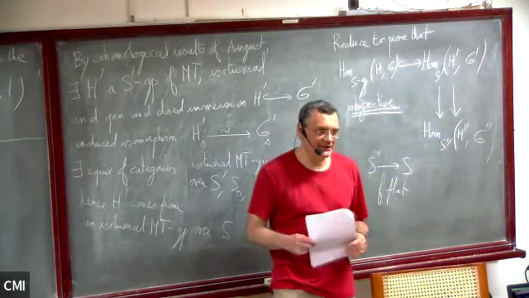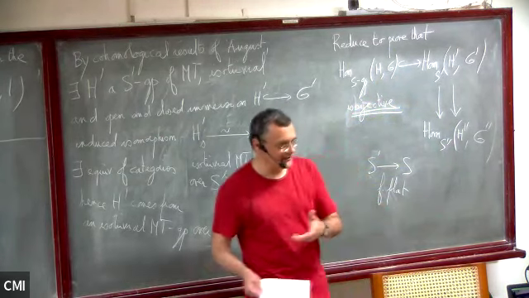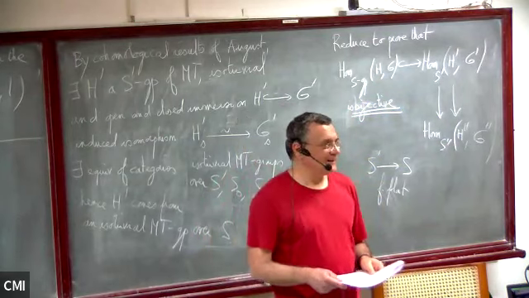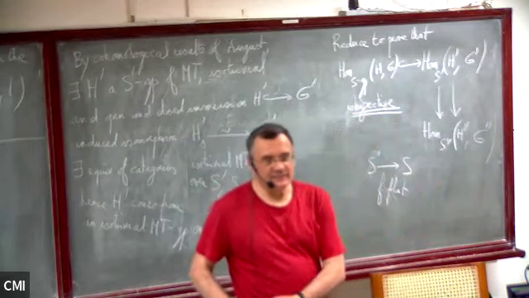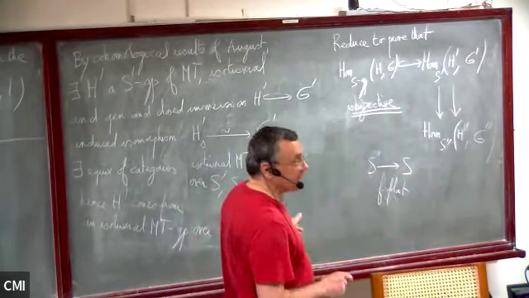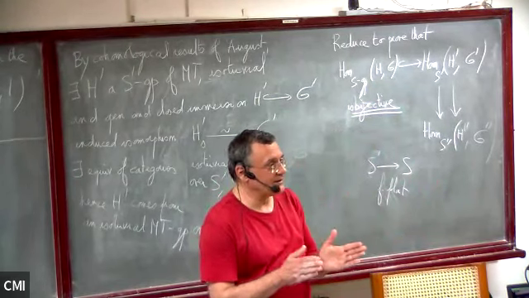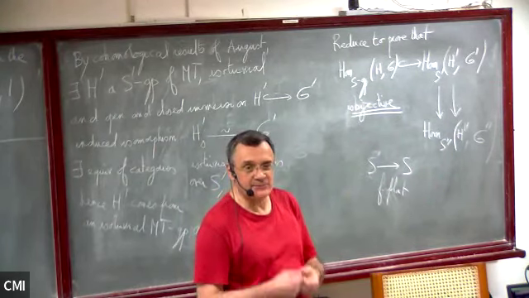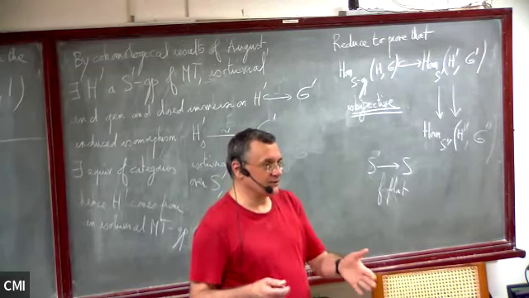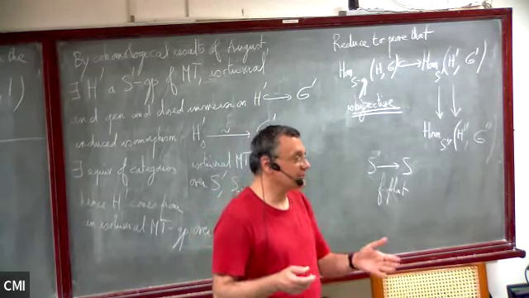This is tricky and technical, and it will be done tomorrow. Okay, so let's stop here. Tomorrow we finish this proof, and then I will review the things about root systems and root subgroups.